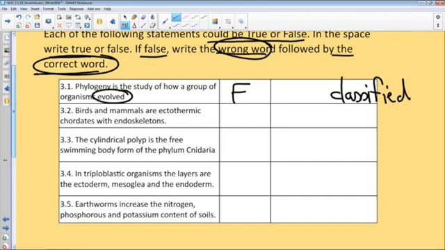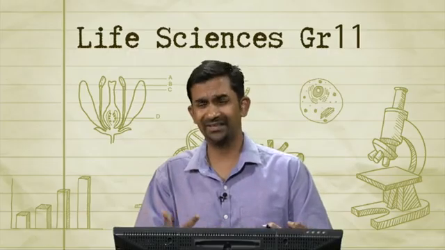Birds and mammals are ectothermic chordates with endoskeleton. Now guys, you would look at the development of organisms based on their body and their salient features, but also we need to refer to some of them in terms of their body temperature. Those that have a constant body temperature are referred to as endotherms, and those that have a temperature that fluctuates based on the environmental conditions, we refer to as ectothermic.